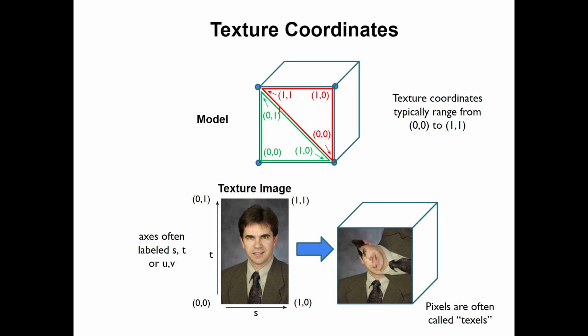It just assumes that a texture is 0, 0 at one corner and 1, 1 at the opposite corner. It doesn't matter if it's rectangular or square. It's always a matter of 0, 0 to 1, 1. And each model vertex is going to have a texture coordinate that's set like that.